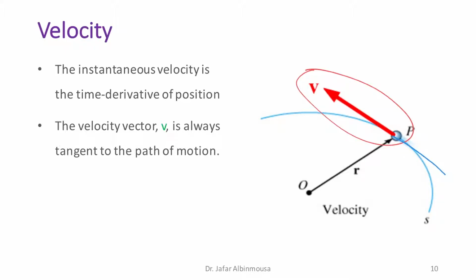The instantaneous velocity is the limit, as delta t approaches 0, of delta r over delta t, which equals dr over dt. It's similar to what we did in the previous section.